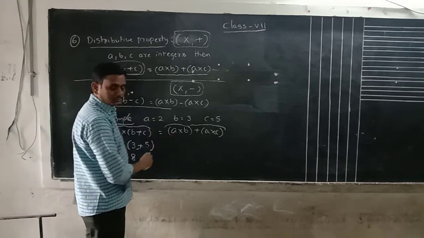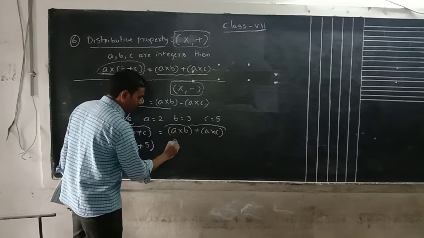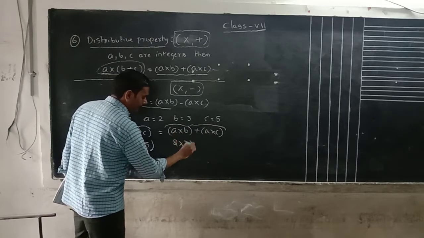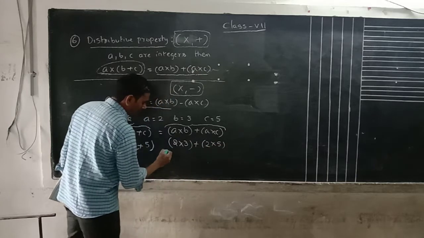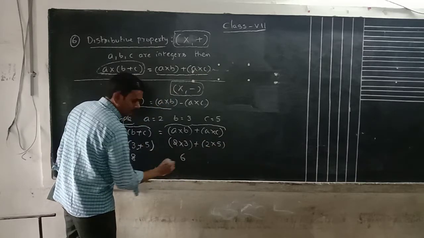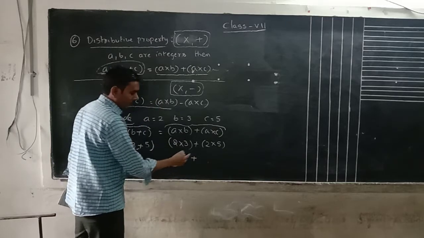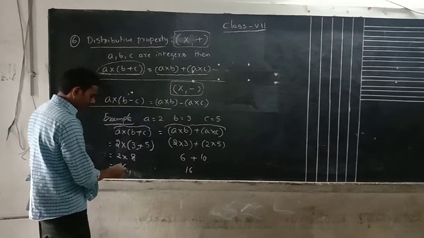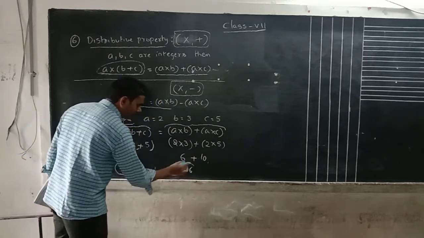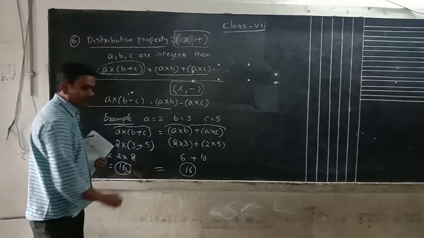Similarly, replace on the other side: a into b plus a into c, that is 2 into 3 plus 2 into 5. 2 times 3 is 6, 2 times 5 is 10. Add these two: 10 plus 6 is 16. Here we got 16, and here also we got 16. Both results are the same, so they are equal.